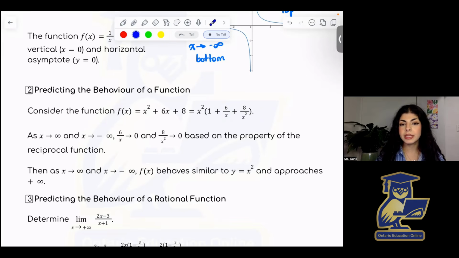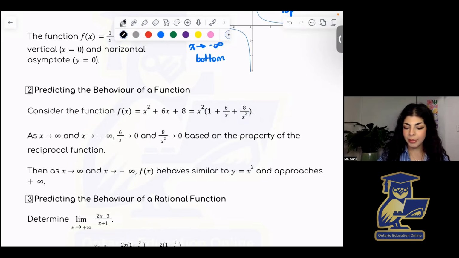The behavior of this is going to be like 0. It's going to approach 0. And same with here, and even greater because x squared grows even faster at a faster rate than x. So then these two are both approaching 0. So then we are actually only interpreting this value. So we expect the overall behavior of this function to represent the x squared function.